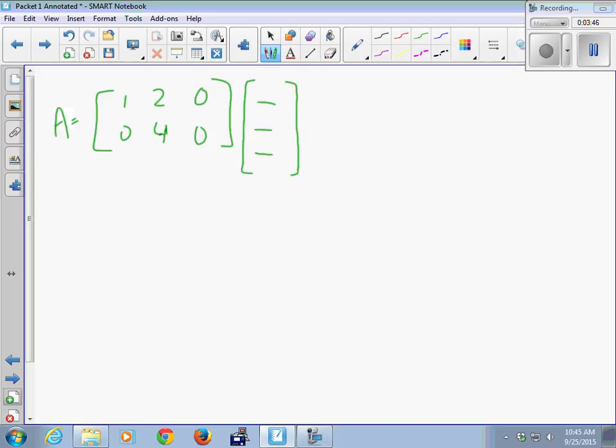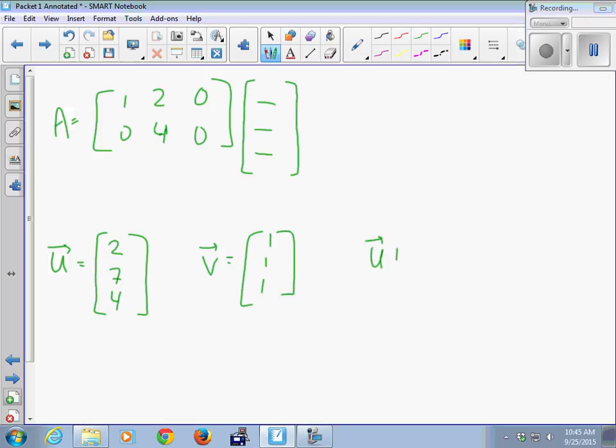Somebody give me a random 3-entry vector. 2, 7, 4. Another one. 1, 1, 1. If I add u plus v together, what do I get? 3, 8, 5. Good.